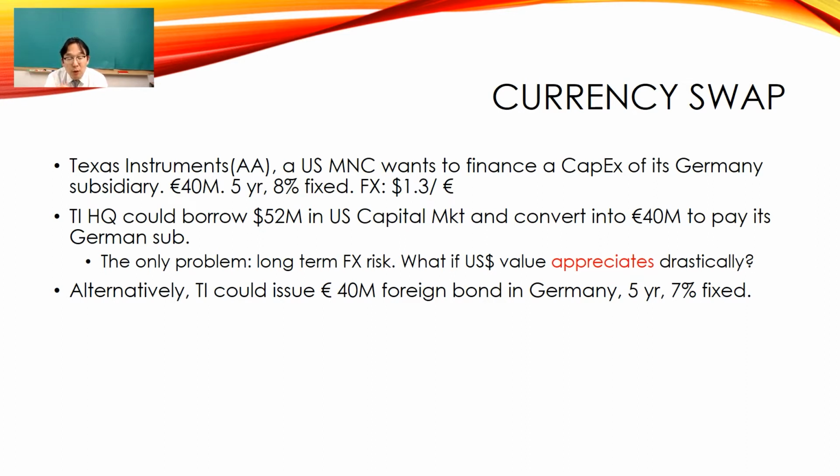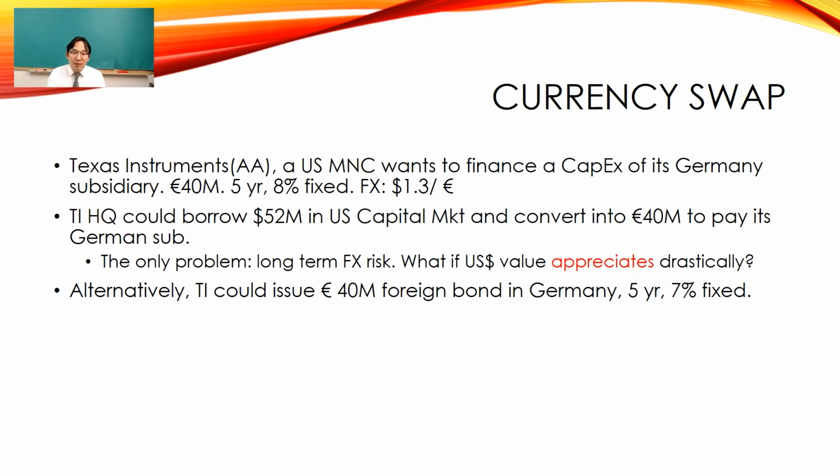Texas Instrument headquarter or the mother company or the parent company could borrow 52 million US dollars in US capital market and convert this into 40 million euro to give the German subsidiary right now, so that the German subsidiary could earn the euro monies and then repay it back to the mother company 5 years down the road, okay?